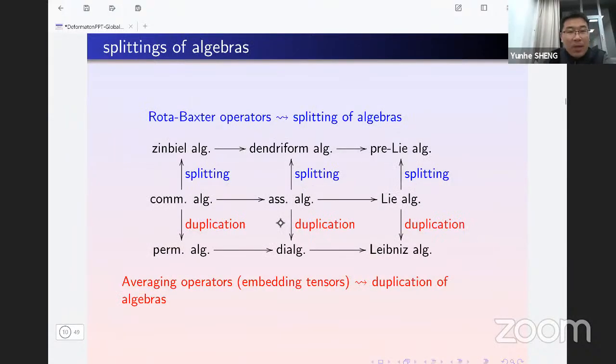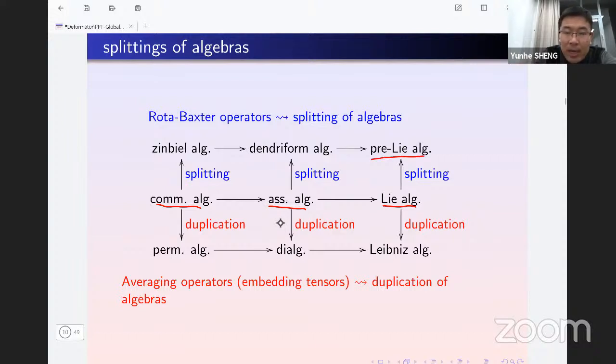Here I would like to mention some algebraic applications of relative Rota-Baxter operators. Here are nine algebras. In the middle, there are commutative algebras, associative algebras, and Lie algebras. Relative Rota-Baxter operators correspond to splittings of algebras. More precisely, if we have a relative Rota-Baxter operator on a Lie algebra, then we can obtain a pre-Lie algebra.